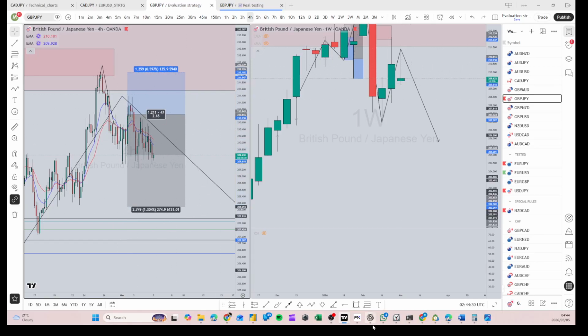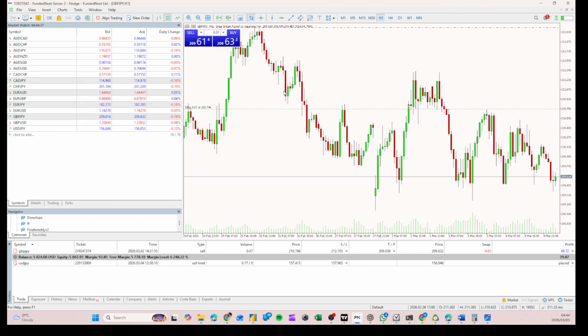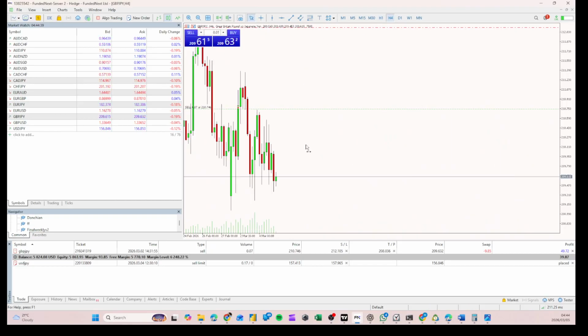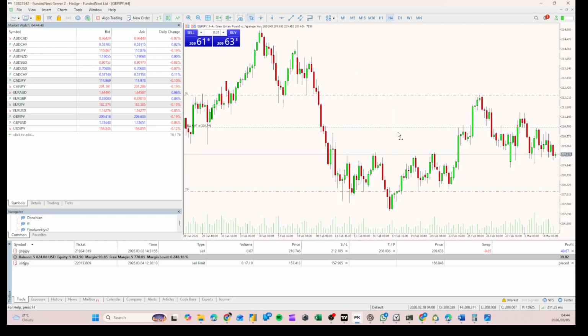So this is my first trade, the trade that we have running right now. Take profit right below, and this is our entry right here. We're just going to let this trade play out and see how it goes.